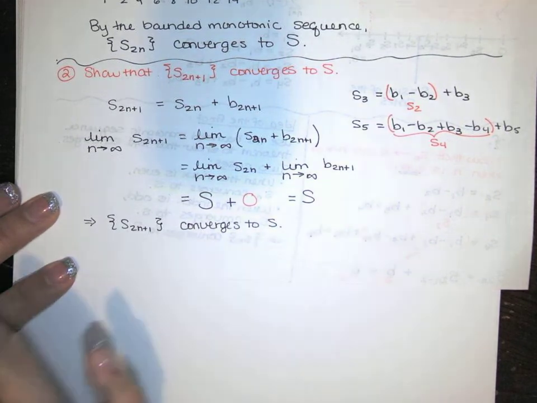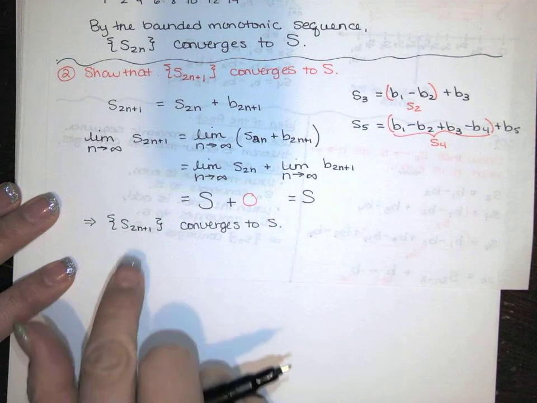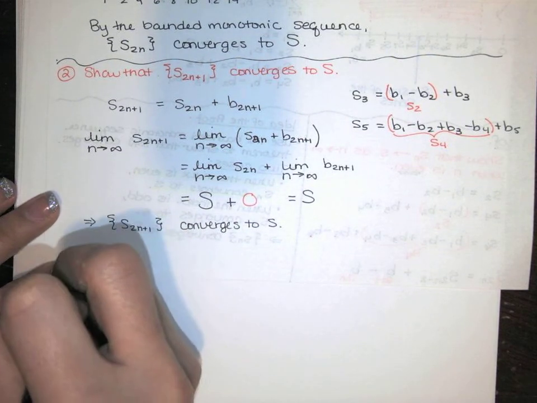So if the sequence of partial sums converges to s when the subscript is even, and it converges to s when the subscript is odd, in general, it converges to s.